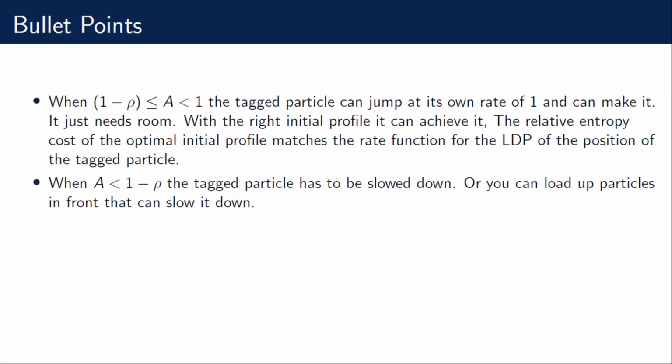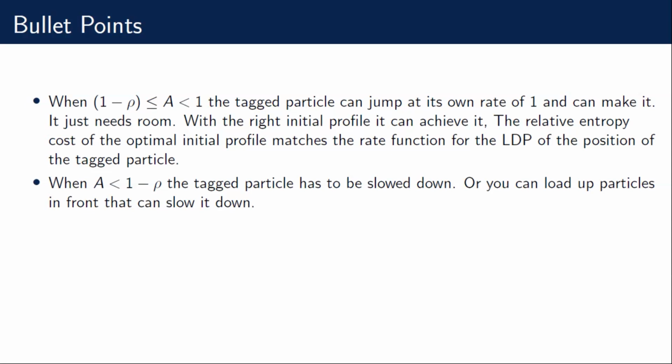When A is less than 1 minus rho, the tagged particle has to be slowed down, and there are two ways of slowing down. The particle itself, which has jump rate of 1, can decide not to jump.